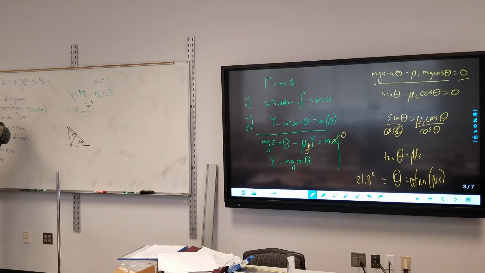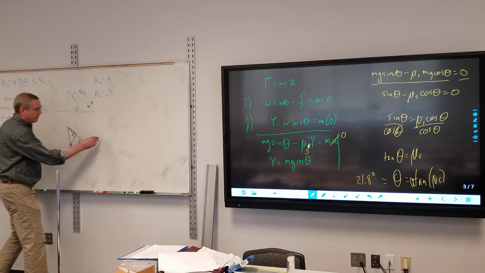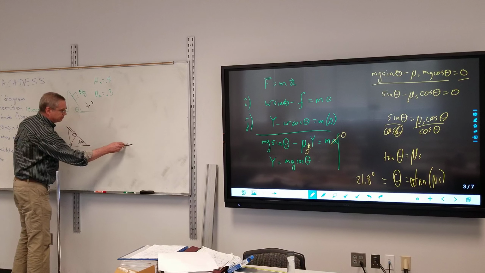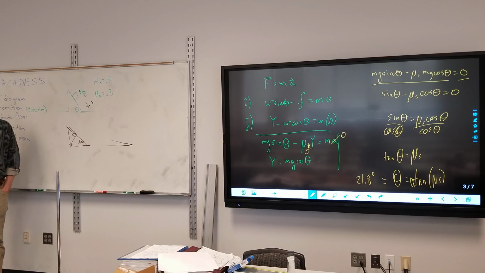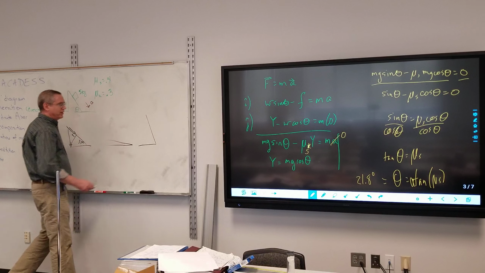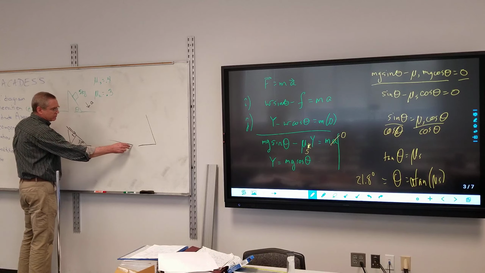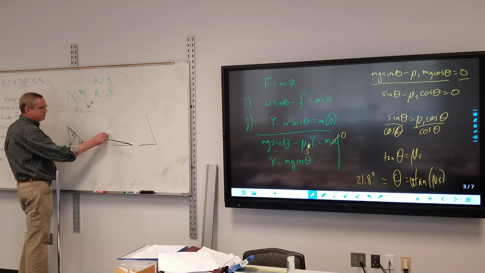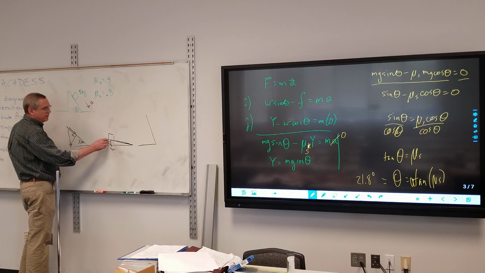If I try to draw it more realistically, or even go to an extreme, if I'm under 45 degrees, I can just draw it much slighter. If it's more than 45 degrees, I can draw it like that. So let's just take the skinny one here. I'm breaking weight up, so weight is acting down this way. I know part of it is down the ramp and part of it's perpendicular to the ramp.